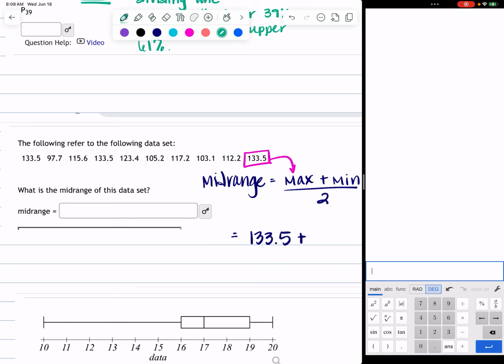Our minimum value, unless I'm not as caffeinated as I thought, is 97.7. Now, I'm definitely not caffeinated enough to do that one in my head, so I'm going over here to Desmos.